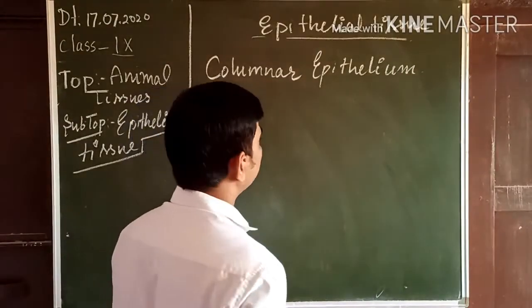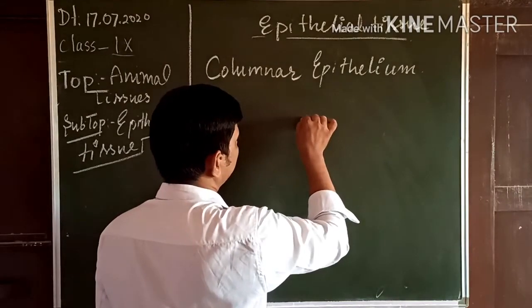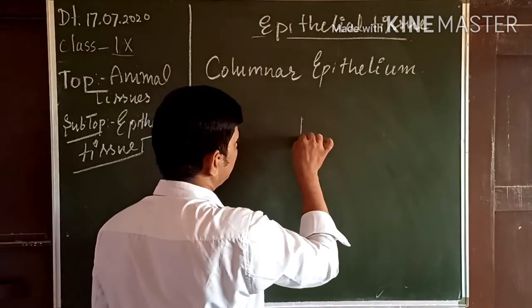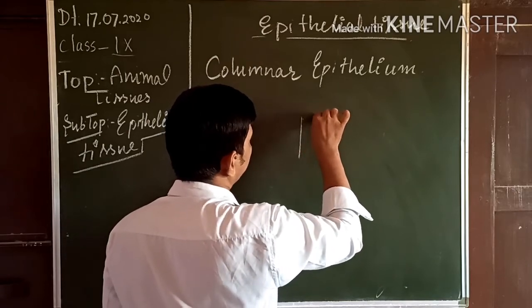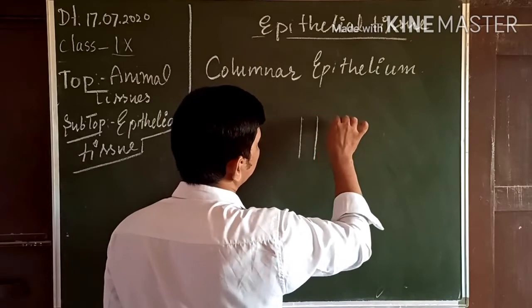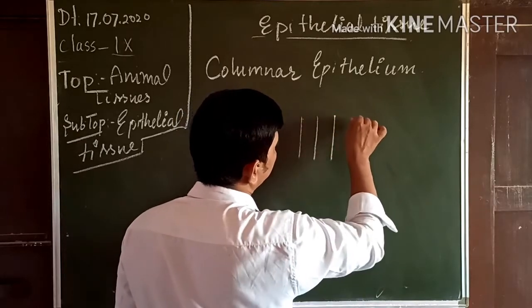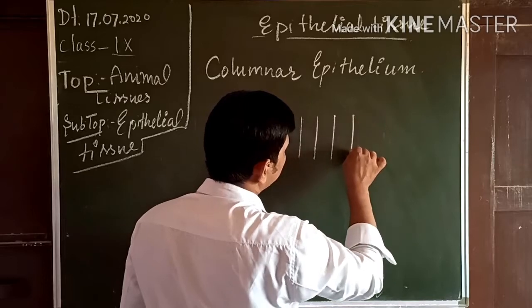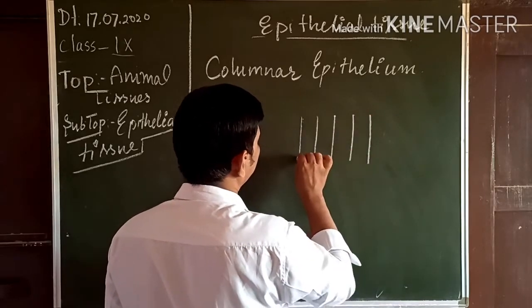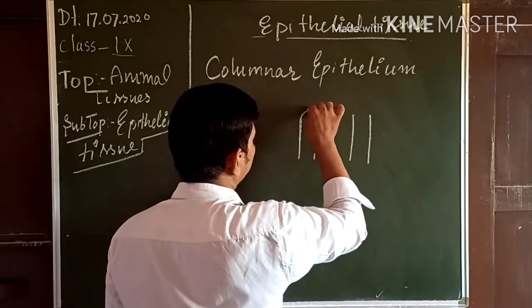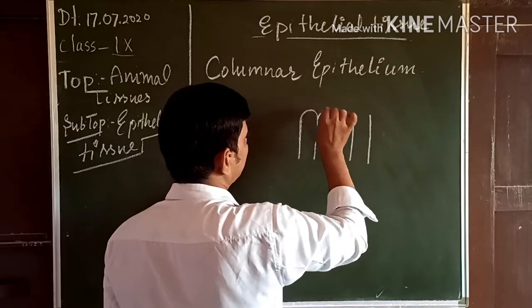If we talk about their diagram, then as their name suggests, they feel the same. It is a group of column-like cells, taller than wide.